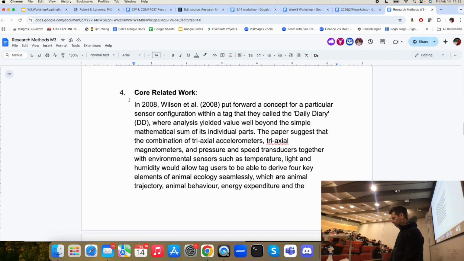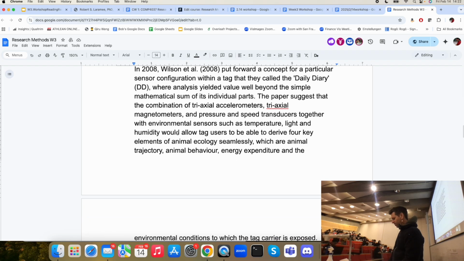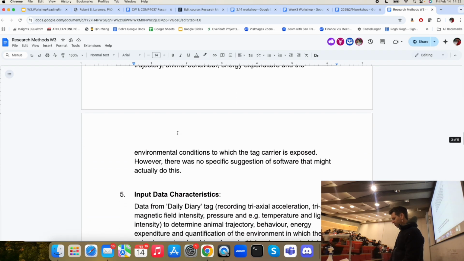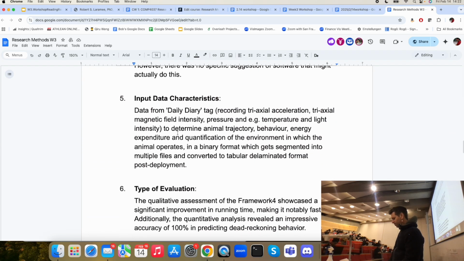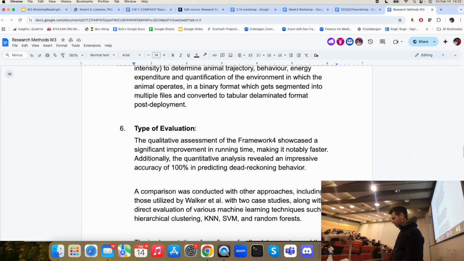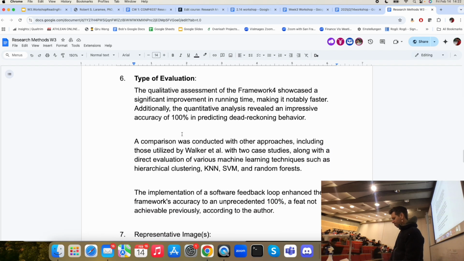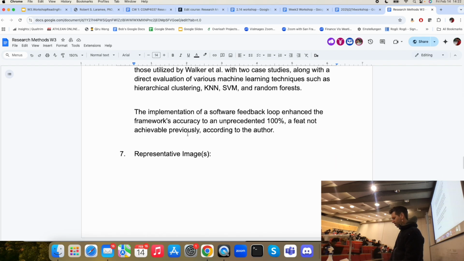Correlated work. Yep, that's okay. Yes, that's okay. Yep, that's fine.